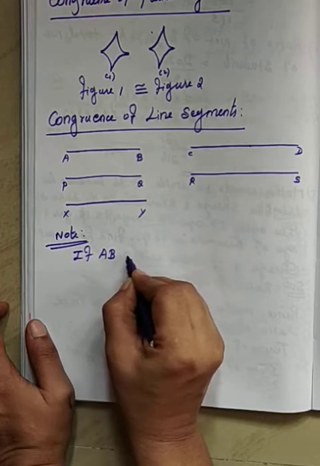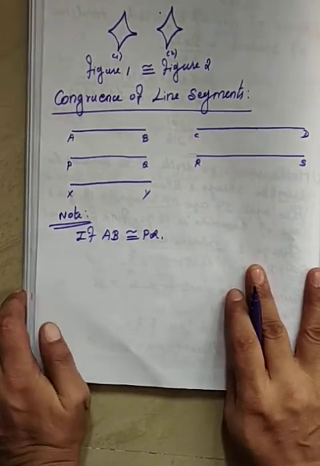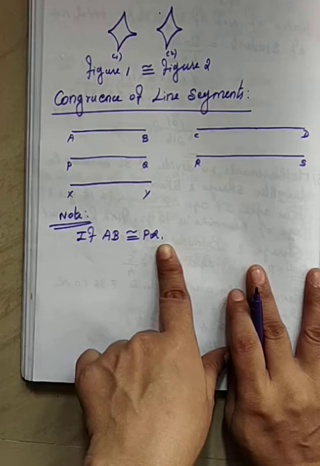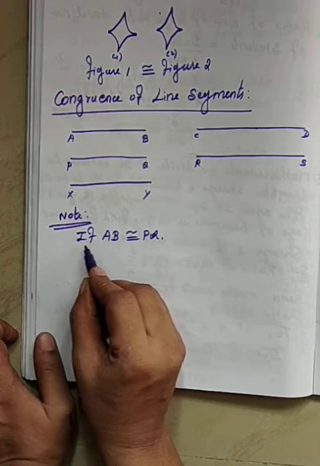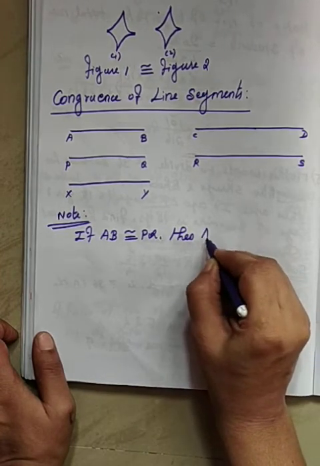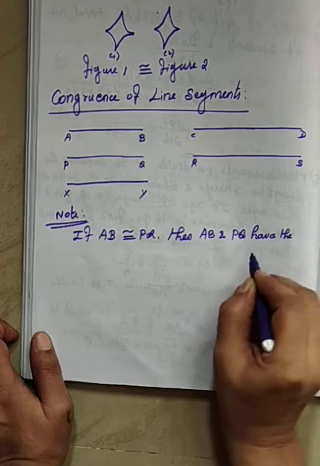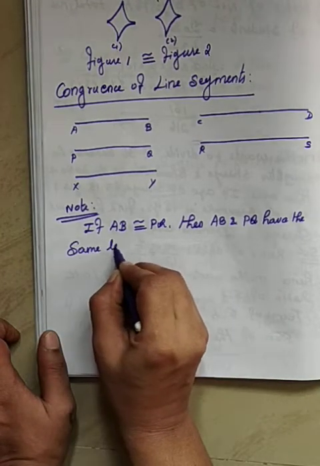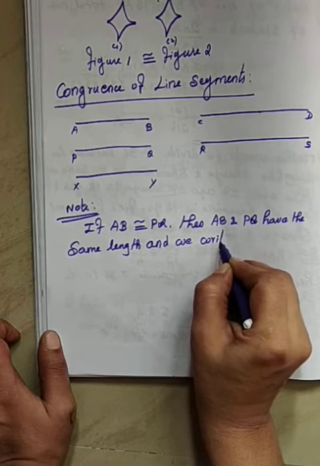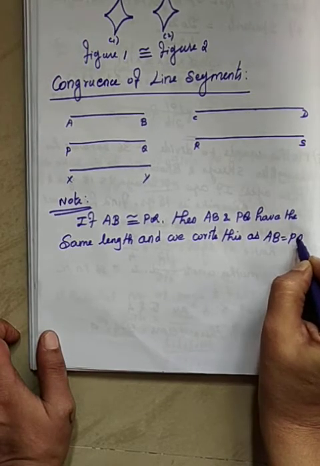If AB is congruent to PQ, then AB and PQ have the same length and we write this as AB equal to PQ.